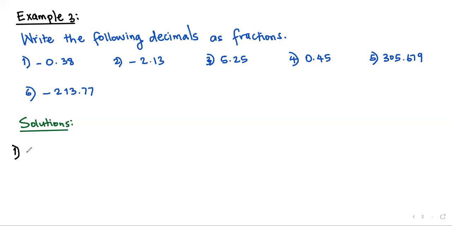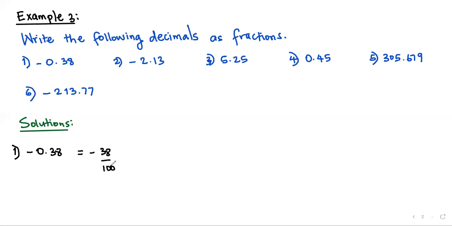We have negative 0.38. How can we make that a fraction, student? What should we have? Negative 38 out of 100. Yes, negative 38 out of 100.